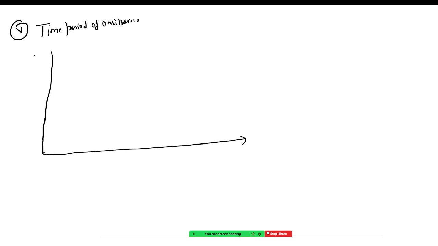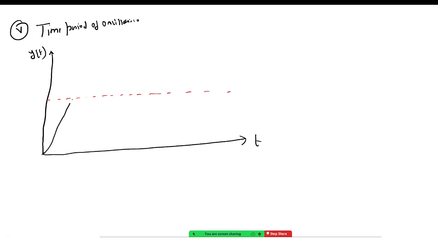So the fifth parameter is time period of oscillation. All these parameters have been defined for the second order underdamped system because this is oscillatory only. So repeatedly I am drawing this curve. You can see this is your ultimate value of response, fine.